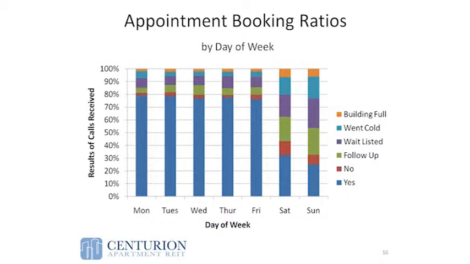This is conversion ratios by day of week. You'll see that Mondays through Fridays are very, very stable, with high rates of conversion. So people calling on a Monday or a Wednesday are very likely to make an appointment.